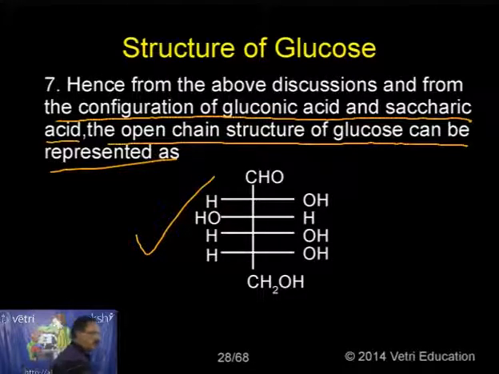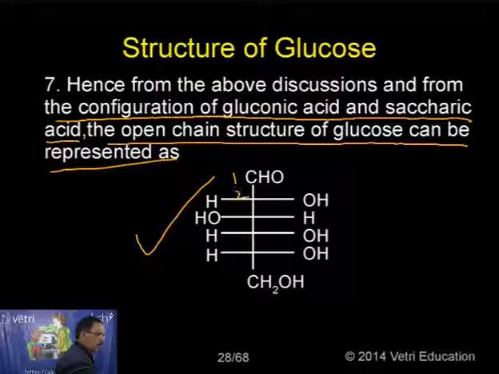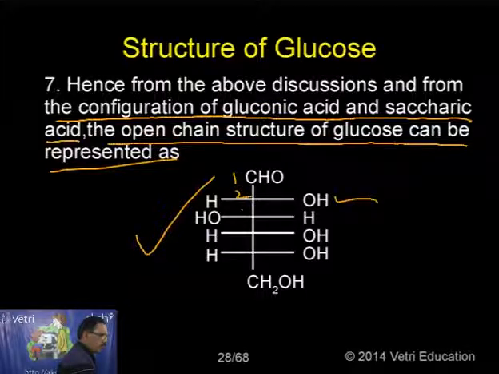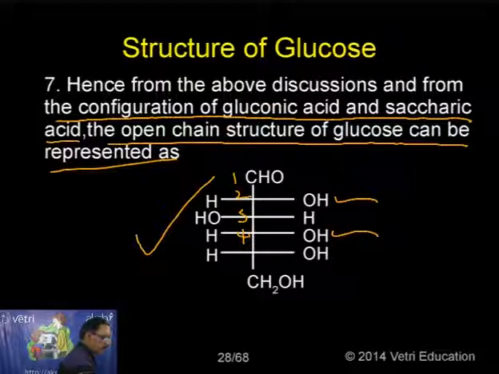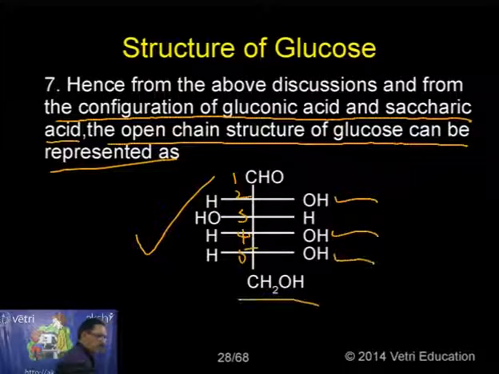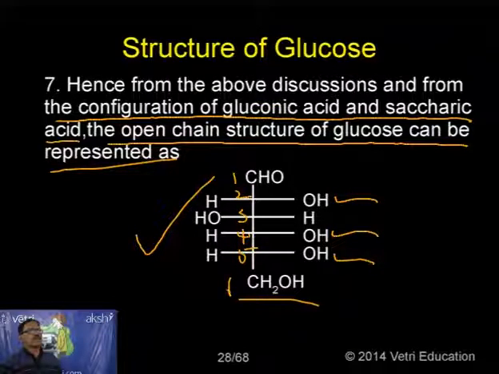So this is carbon 1 CHO, carbon 2 OH on the right hand side, carbon 3 OH on the left hand side, carbon 4 OH on the right hand side, carbon 5 OH on the right hand side, and finally carbon 6 CH2OH. This is the glucose open chain structure.